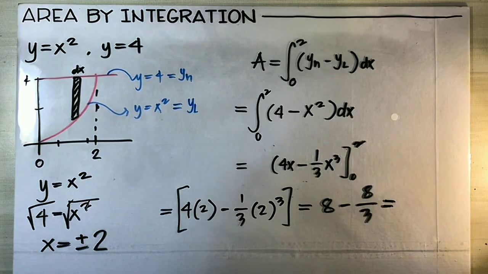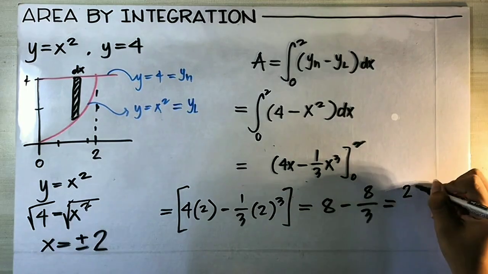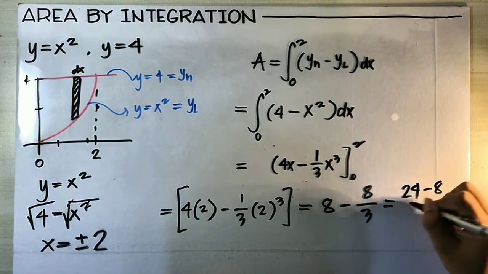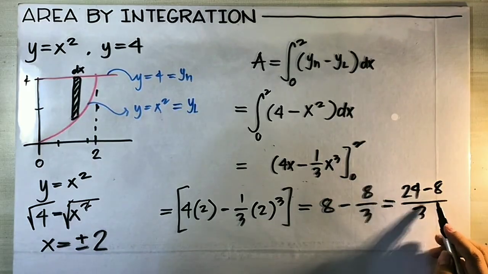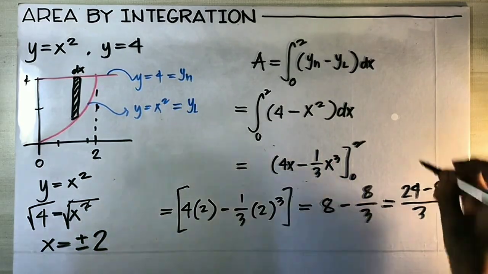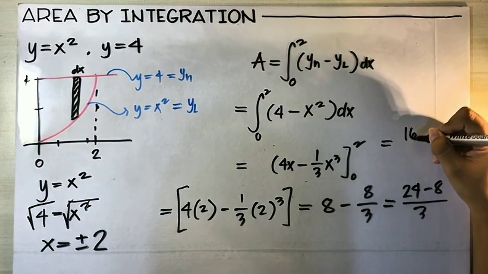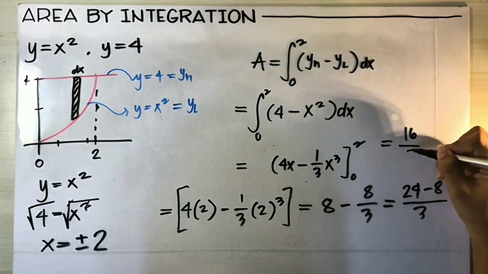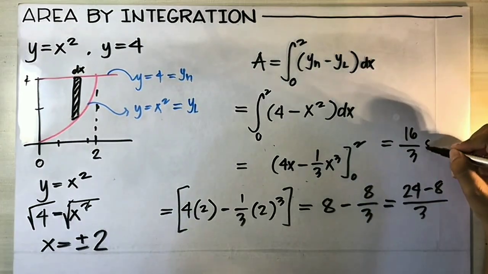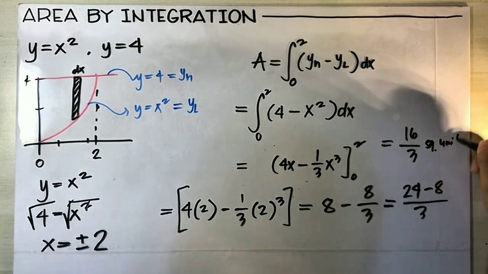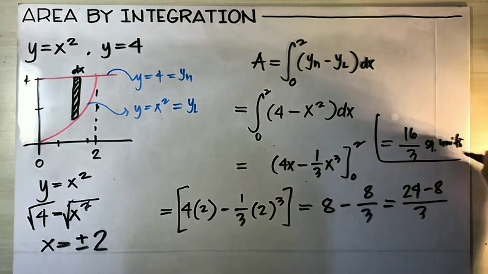It is 24, 8 plus 8, 16. So 24 minus 8 all over 3. So 24 minus 8 is equal to 16. So our area is 16 over 3 square units. So this is our area.